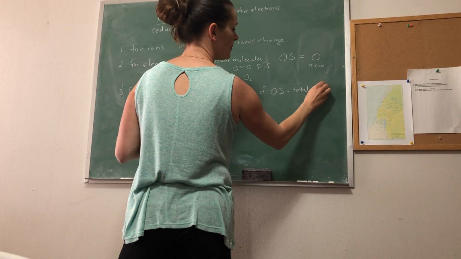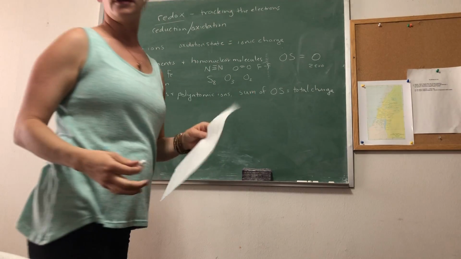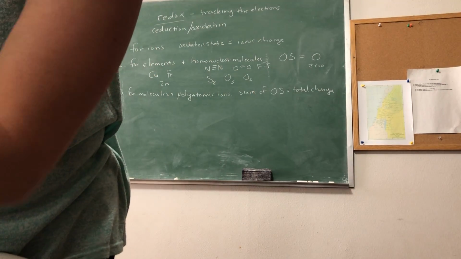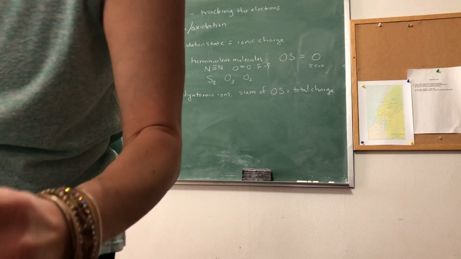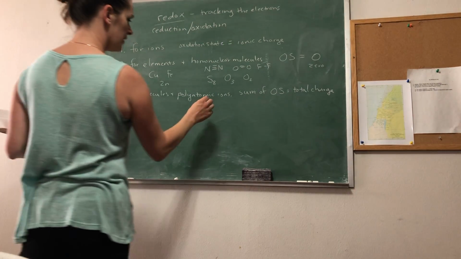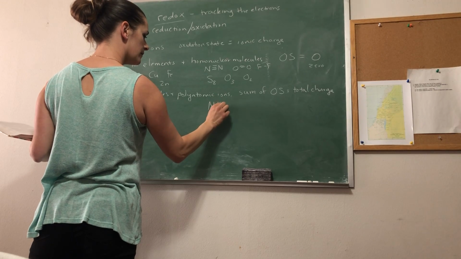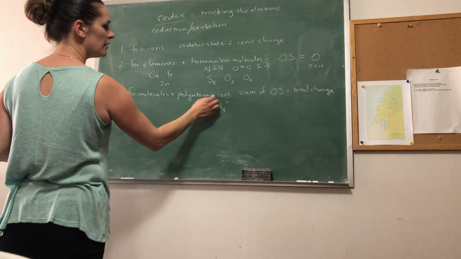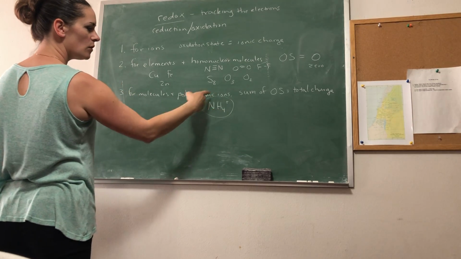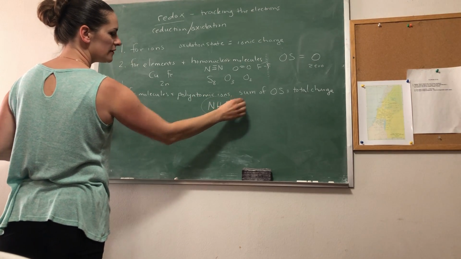So like I was saying with the polyatomic ions, and I'm going to turn back to that chart so we can review those, because we use those a lot. So our polyatomic ions, like ammonium, this whole thing, the oxidation state of this whole polyatomic ion is 1+.